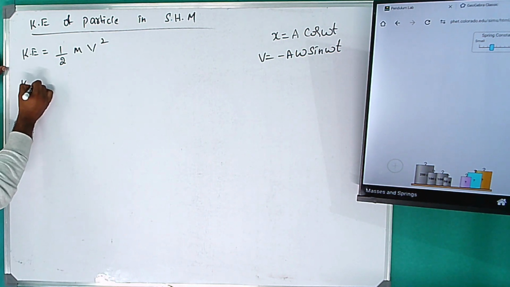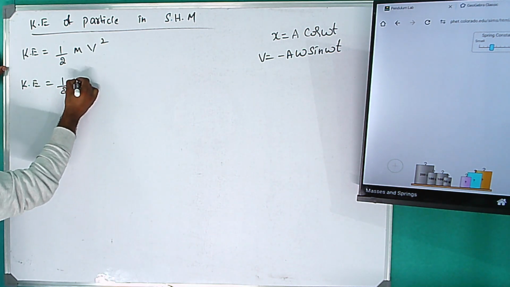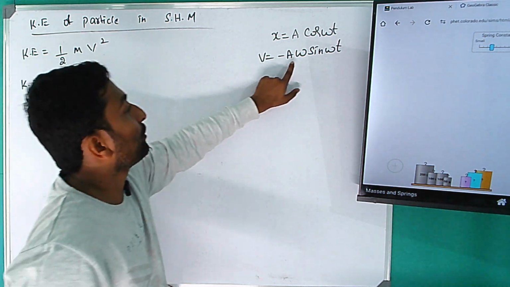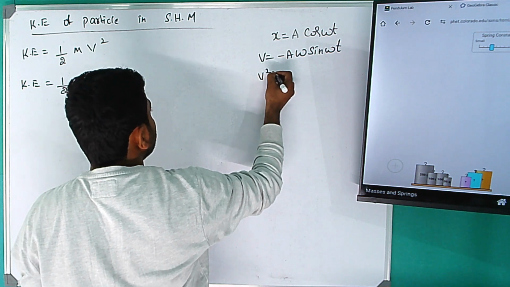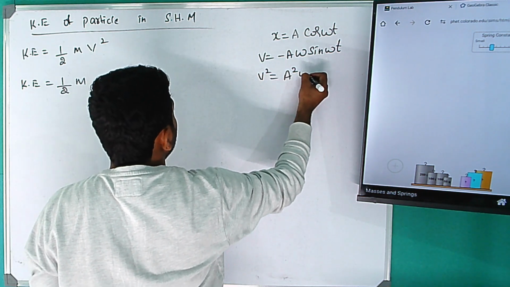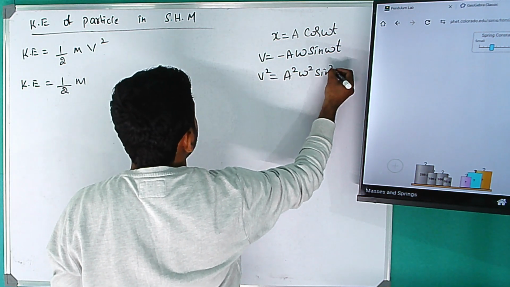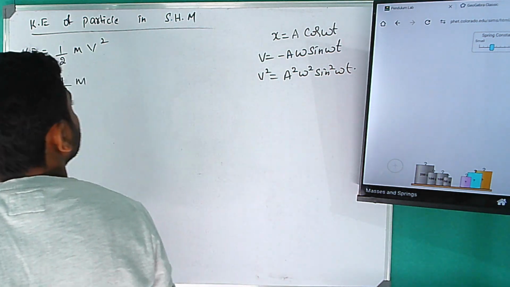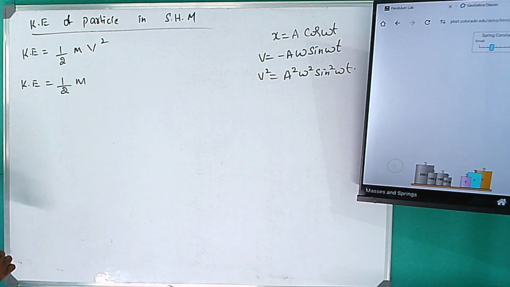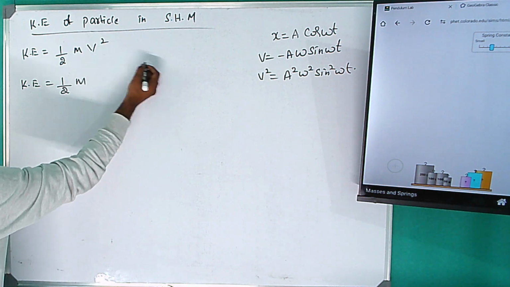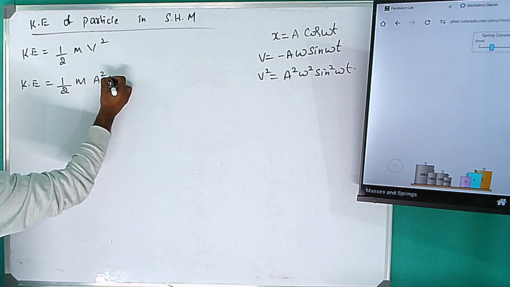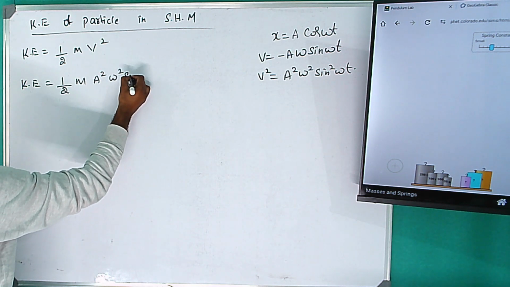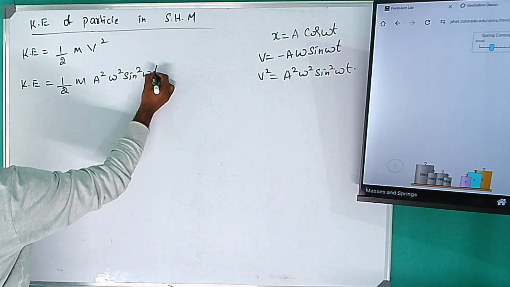So kinetic energy is equal to half into m into, look at the value of v. V is minus A omega sine of omega t. V square is equal to a square omega square sine square of omega t. So that can be written as half into m into a square omega square sine square of omega t.